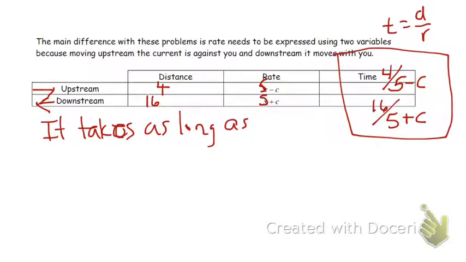It takes as long as him to go 4 miles upstream as it took him to go 16 miles downstream. So what do we know about the time itself? That the two are actually equal to each other. So we set up our equation where we take our two times and we set them equal to each other. So we have 4 over the 5 minus C equals our 16 over our 5 plus C.